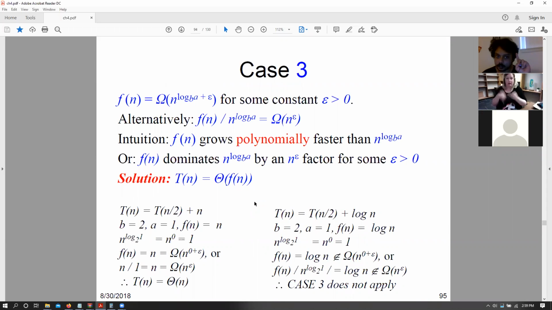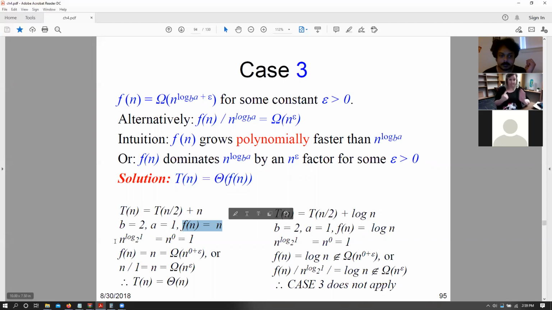Case 3 has a condition with it, but first let's just look at the normal example. Case 3 requires that it has to be big omega of n raised to the power of log base b a plus epsilon. So everything else is fine. And if we do find the matching case, then the time complexity becomes f of n. So we have T(n) equals T(n/2) plus n. B is 2, A is 1, because it is 1 times T(n/2).